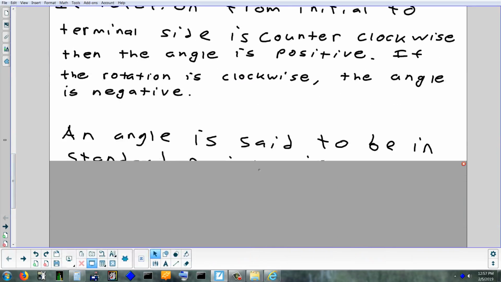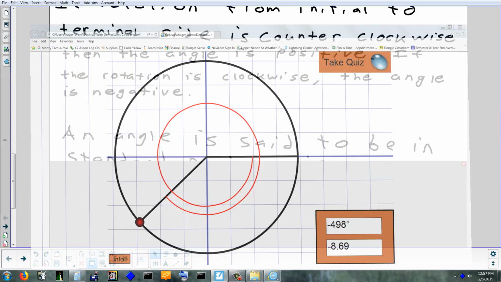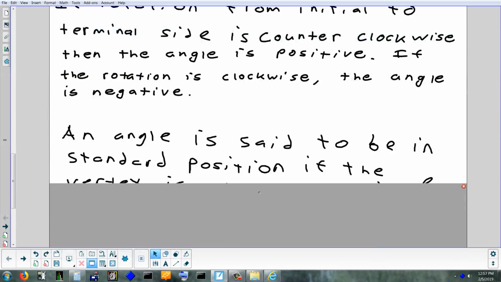Now, in that program, all I could do was move the terminal side. I can't move the actual angle, like I can't take it and slide it over to the left or the right. So every angle that I just drew, all of these angles, are what we call standard position.